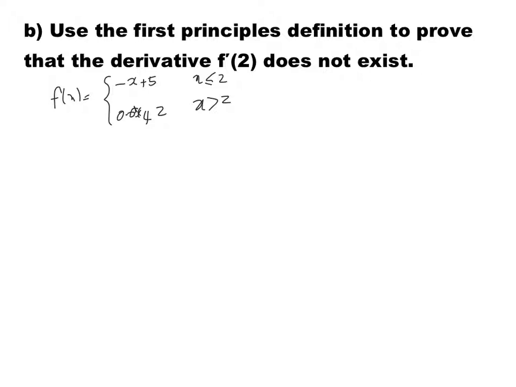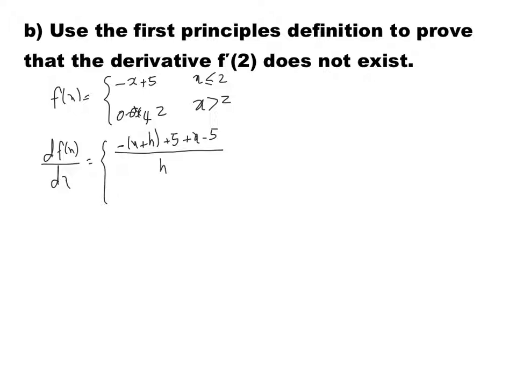So, by definition, df/dx is equal to f of x plus h, so negative (x plus h) plus 5, minus f of x, so it's going to be plus x minus 5, divided by h.